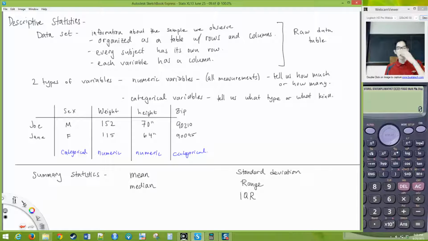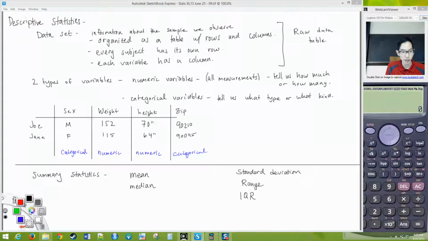And by the way, these summary statistics, these all apply to numeric variables, okay? And you can have a summary statistic for categorical variables, and that would be things like the count or proportion.